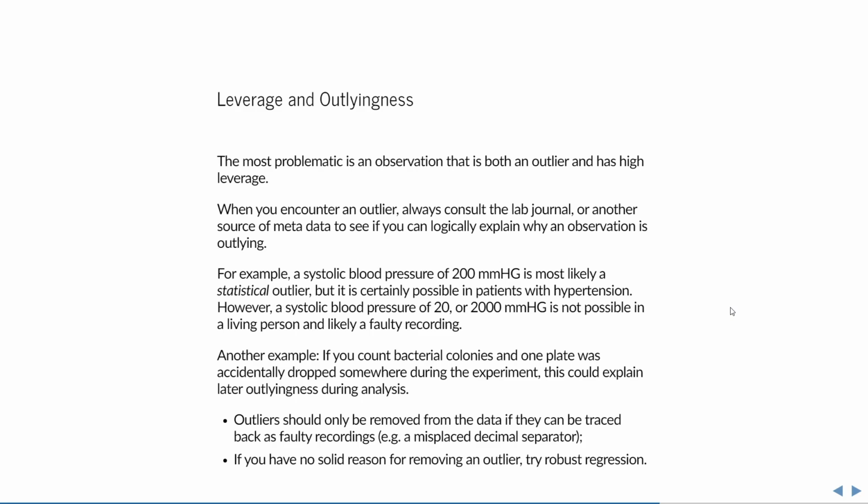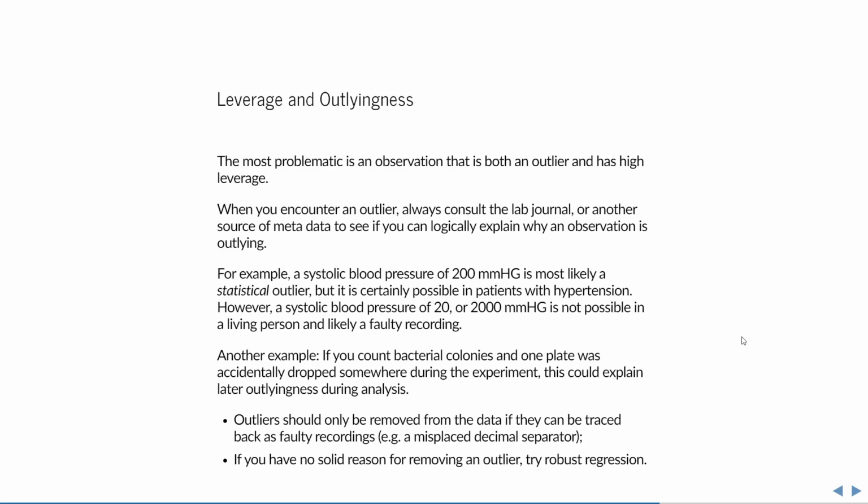But it is certainly possible if your study includes patients with hypertension. But a systolic blood pressure of 20 or 2000 is not possible in a living human being, so that is likely a faulty recording. Another example: let's say that you're counting bacterial colonies and you accidentally dropped a plate somewhere during the experiment, then that can cause changes, for example, contamination, that could explain later outlyingness during the analysis.